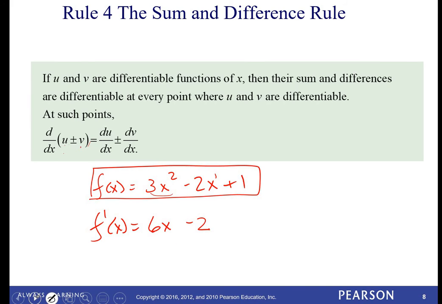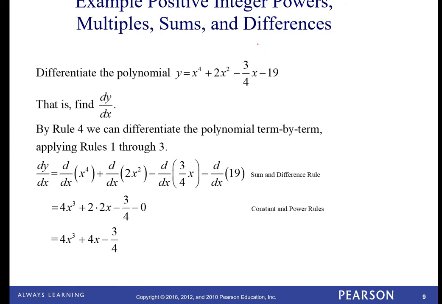Okay, we got some more. Here's another example. Find dy dx, differentiating this polynomial. By rule 4, we can differentiate term by term. So again, dy dx is the derivative of x to the 4th. Bring down the 4, reduce the power.